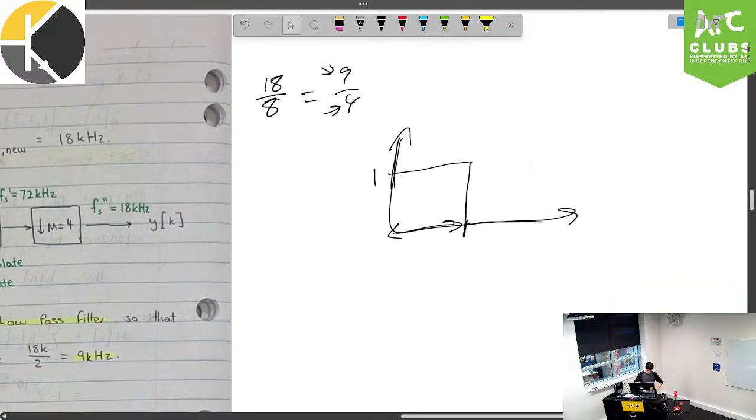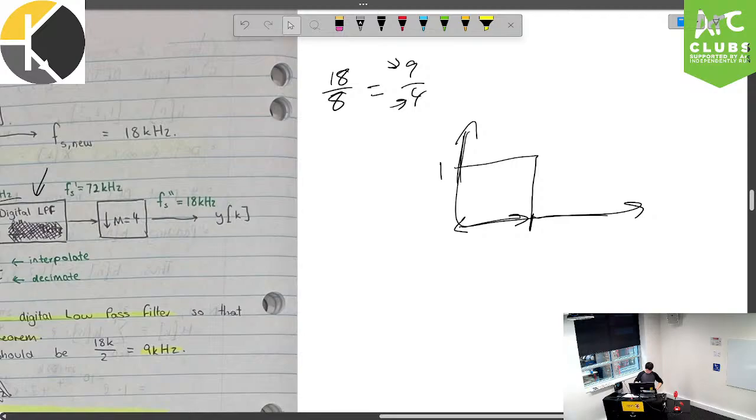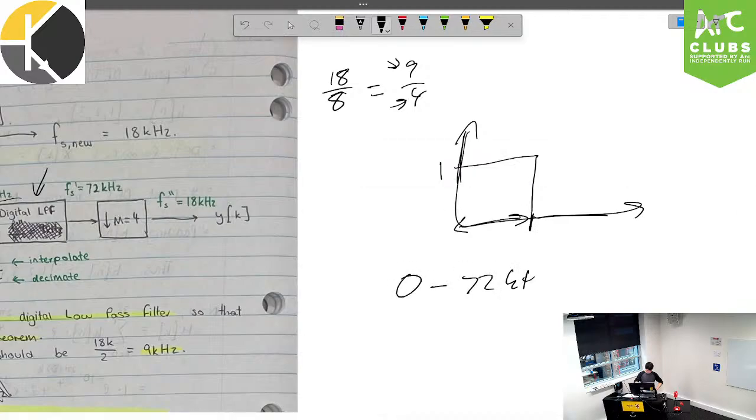Okay? And so if I were to actually think about this really hard, we have 0 to 72 kilohertz. This gets converted into 0 to 2 pi. So we're dividing by 36 and then timesing by pi. All right?